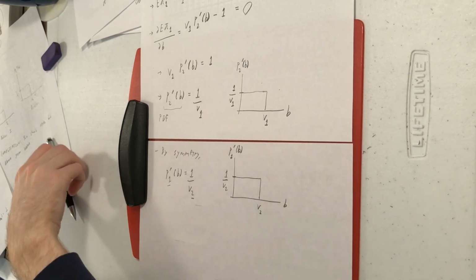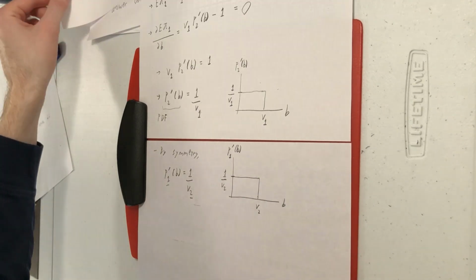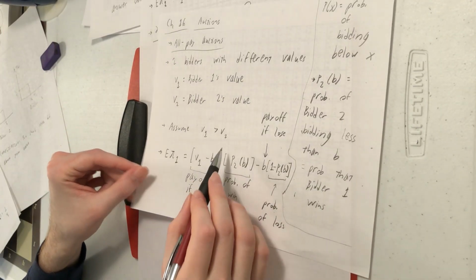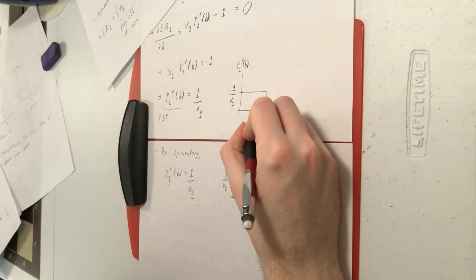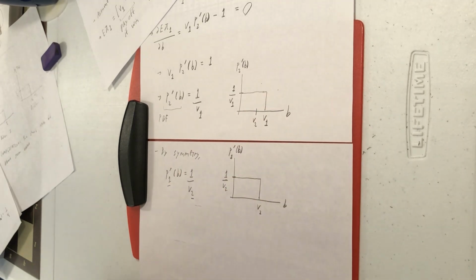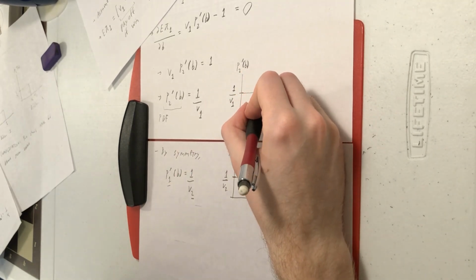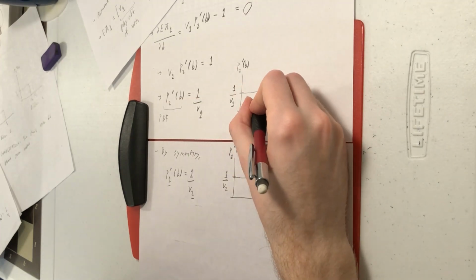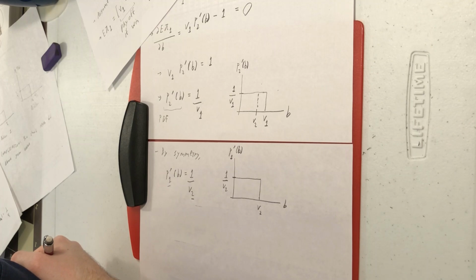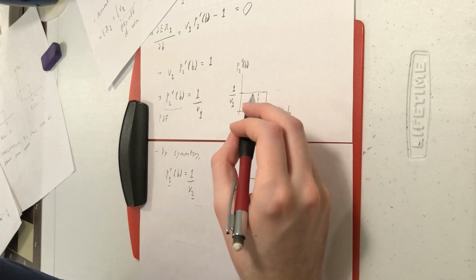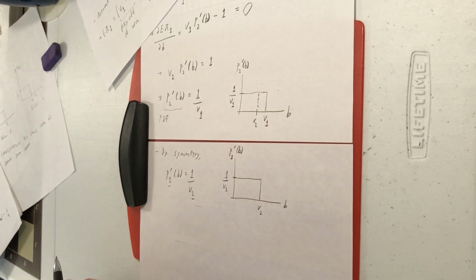And we said back here that we assume that V1 is bigger than V2. So if V1's over here, then V2's got to be somewhere like there. So if we follow this solution here, that means that bidder 2 is going to sometimes overbid, but we know that can't be right.